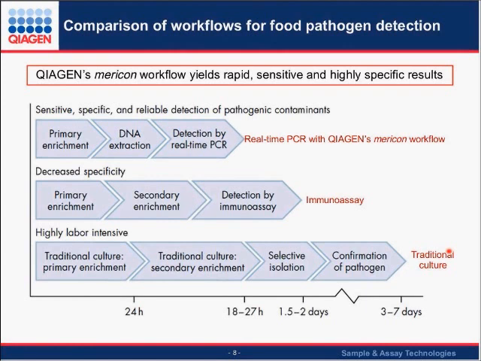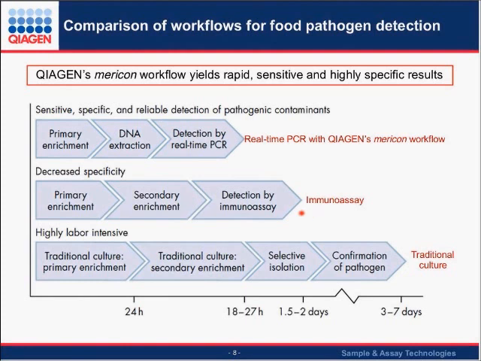Traditional culture methods, whether for pathogens in food or in the environment, generally take as long as 3 to 7 days to get information, because you have to do a traditional primary enrichment, a secondary enrichment, and isolations. There are several steps, all of which require overnight incubations to finally get confirmation that a pathogen exists. So this could take as much as 3 to 7 days to get an answer.